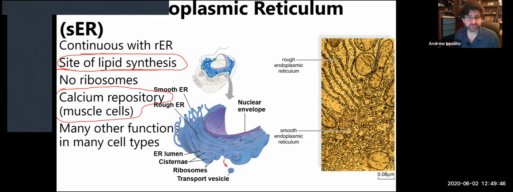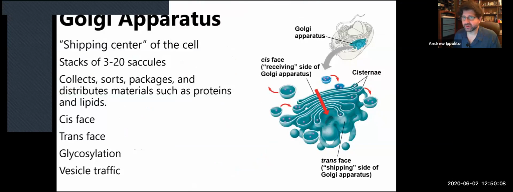People who drink a lot of alcohol build up a tolerance because their liver starts producing more and more smooth ER to metabolize the ethanol. So people with a tolerance to alcohol have all this extra space in their cells to break it down quickly, because it's a poison. Okay, so that's the smooth ER.